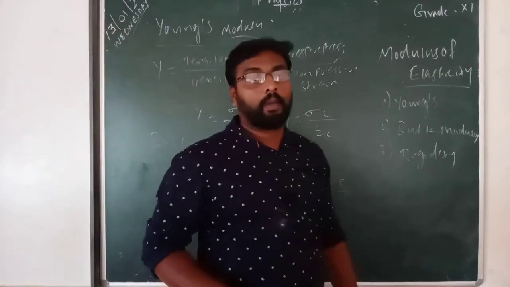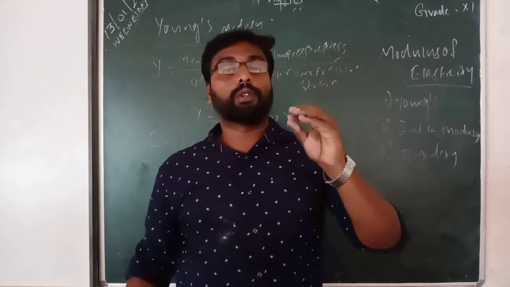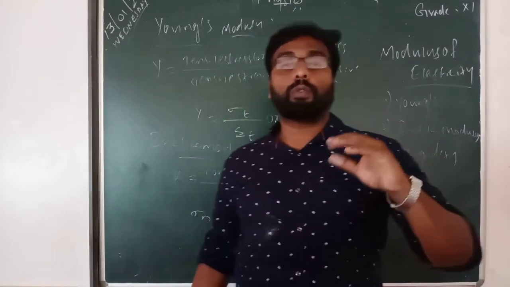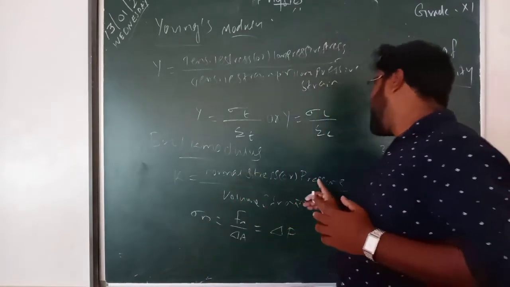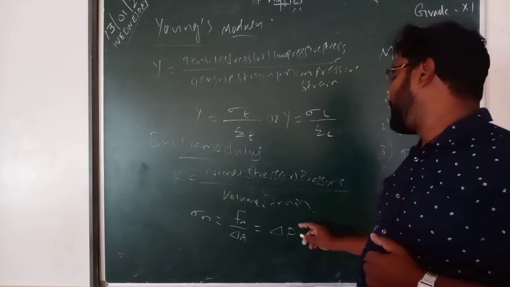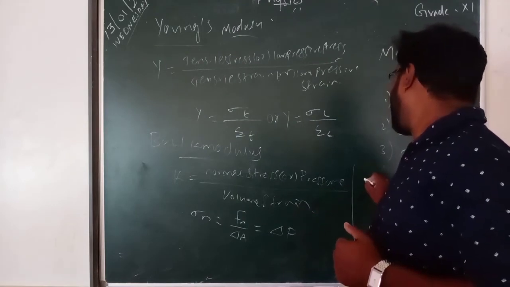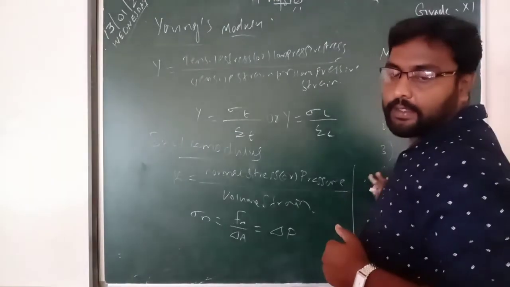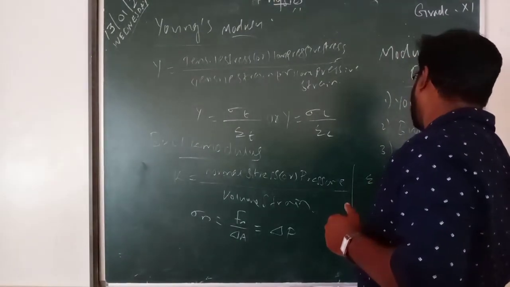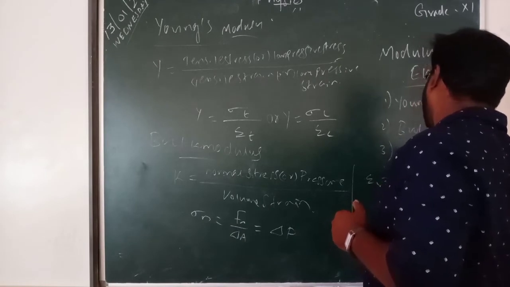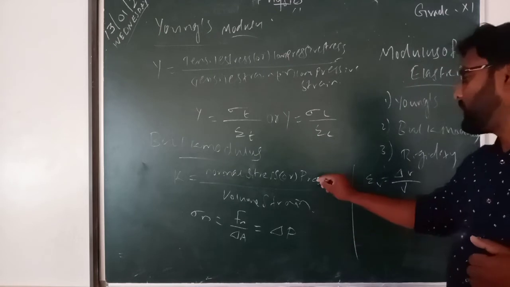So bulk modulus means what? The ratio between volume stress to volume strain, and the formula is: normal stress or pressure, delta P, over volume strain. Volume strain epsilon is equal to delta V by V. Now you can substitute these two in this formula.